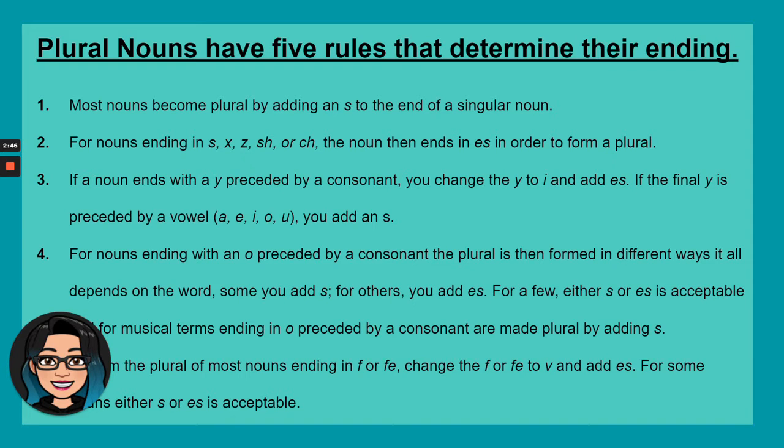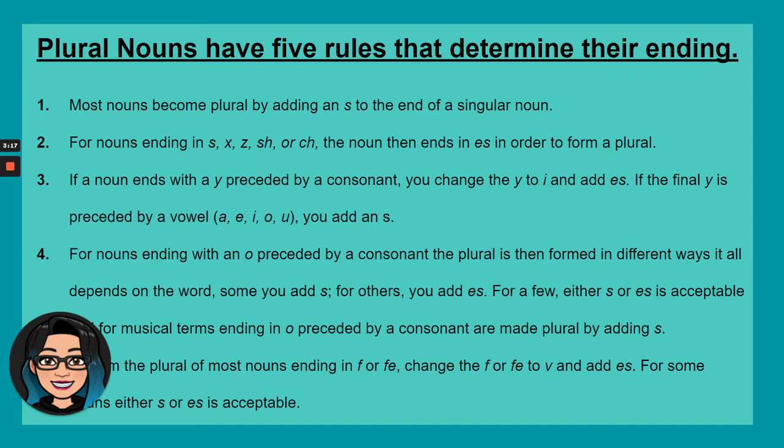Now on to rule number 3. If a noun ends with the Y preceded by a consonant, you change the Y to an I and add ES. If the final Y is preceded by a vowel, you add an S. So preceded by a consonant means like a regular letter, not a vowel.